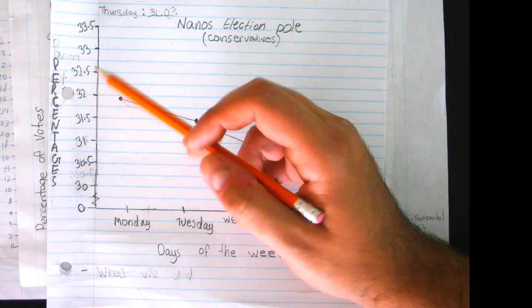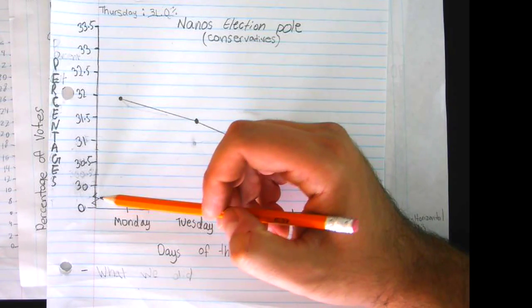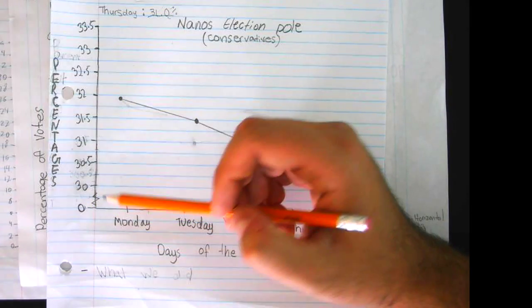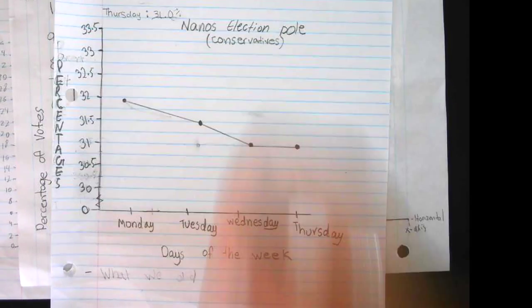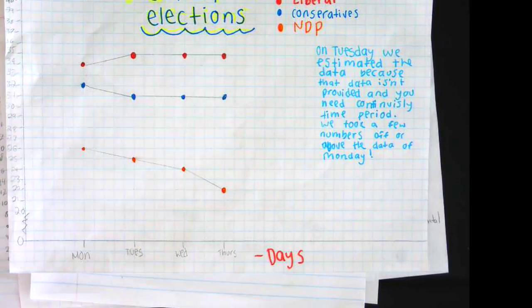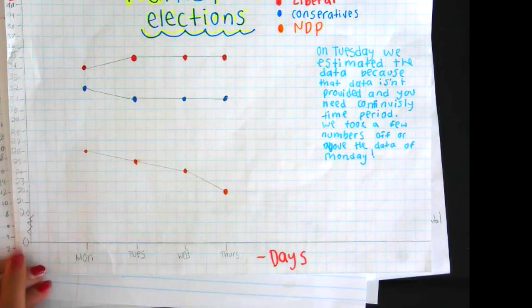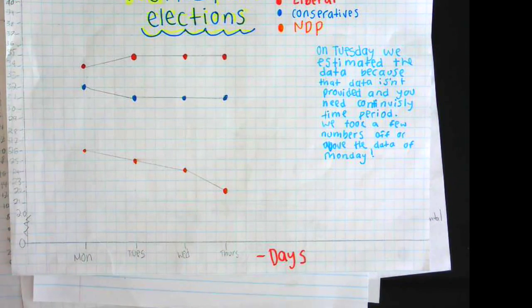Did anyone demonstrate a strategy like this with all 3 political parties on one graph? Let me go for it. Okay, so what we did was our scale goes up by ones because the numbers are from the decimals.